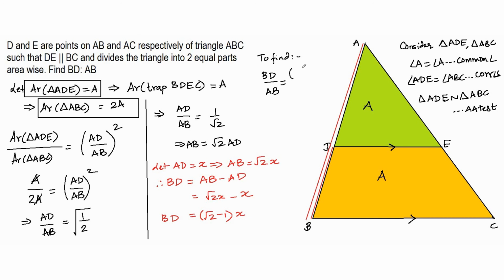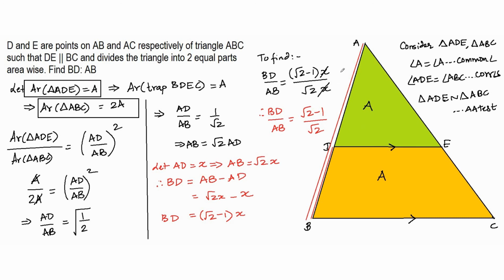The length of BD is (root 2 minus 1) times X, divided by the complete length of AB, which is root 2 X. Now X cancels, and therefore BD upon AB is (root 2 minus 1) upon root 2. This is what I was supposed to find, and this is how I solved this particular problem.